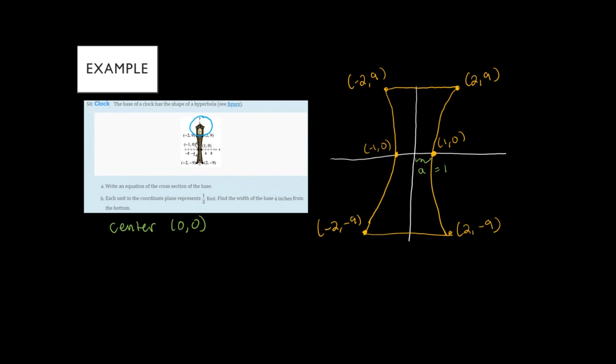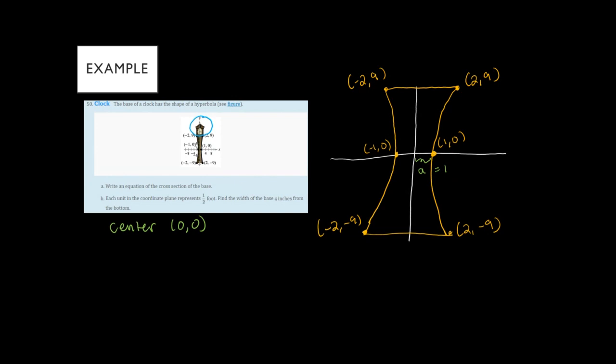When you're given a word problem like this and you're trying to model it, if you're not told where the ordered pairs are, you have to make a decision where they are. Draw a picture so that I can see where you decided to place your coordinate plane, so that I can go off of where your work is. But they placed it right in the middle here, so that makes our center (0, 0).